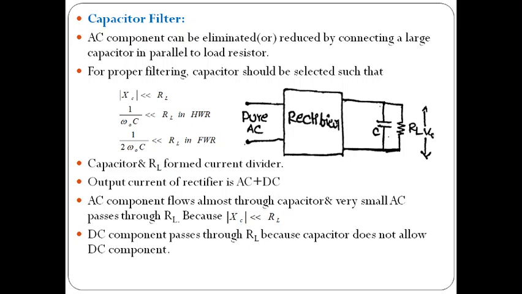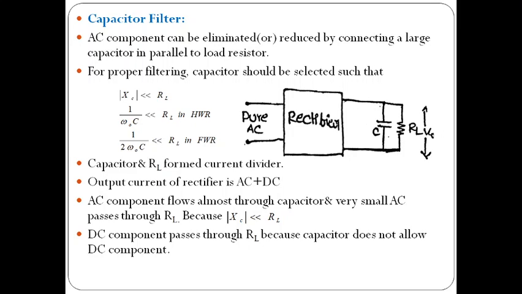Whatever current comes from the rectifier, the AC current flows into the capacitor, and the DC enters the load resistor. So we are separating the AC and DC by using the capacitor and load resistor.